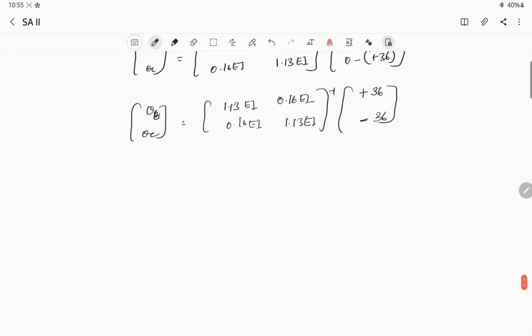So if you solve this one in your calculators, you'll get theta B and theta C.